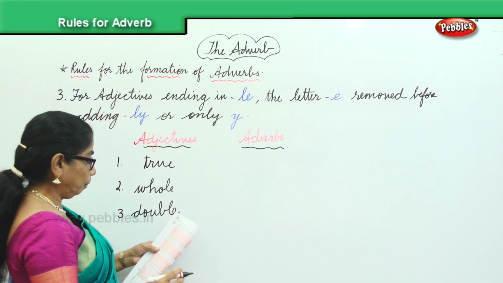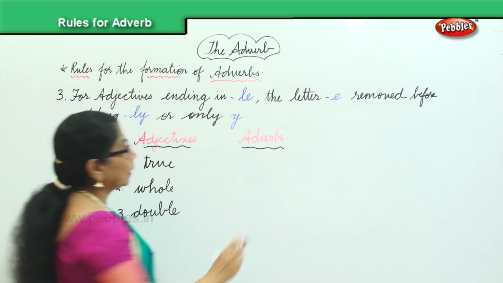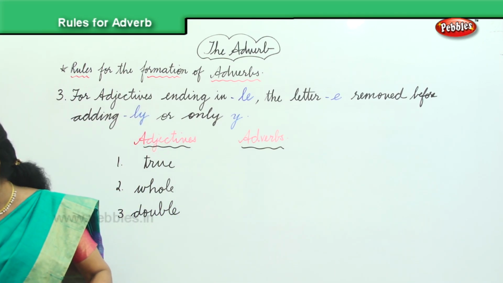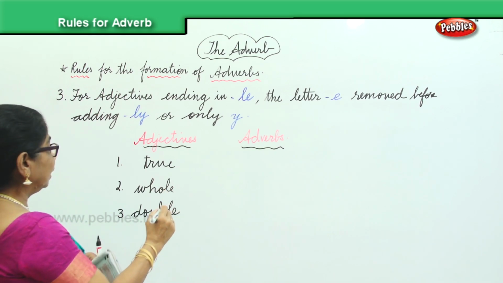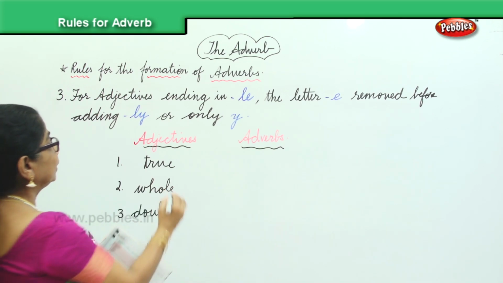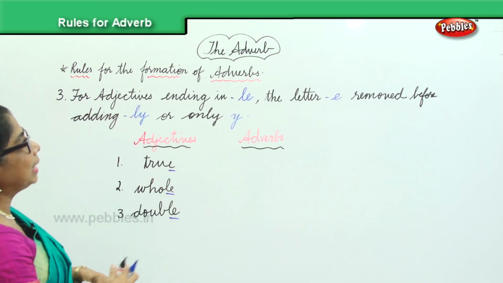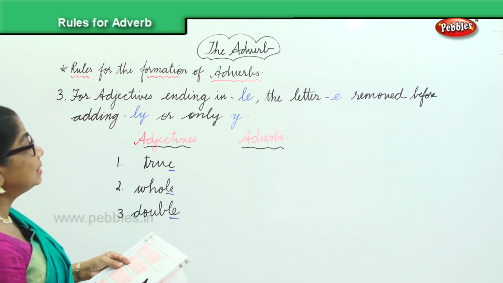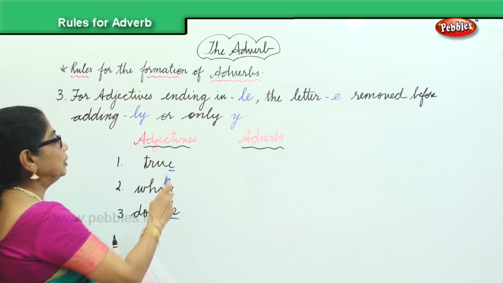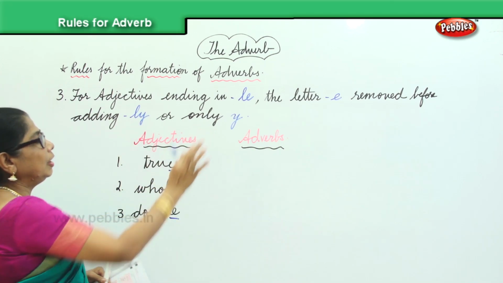Now, we are talking about words ending in le, the letter e. What happens to the letter e? The e is removed by adding ly or y.